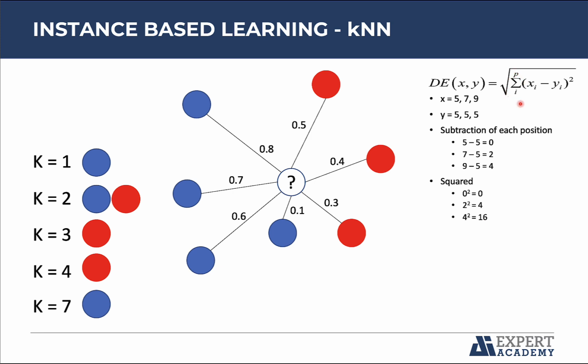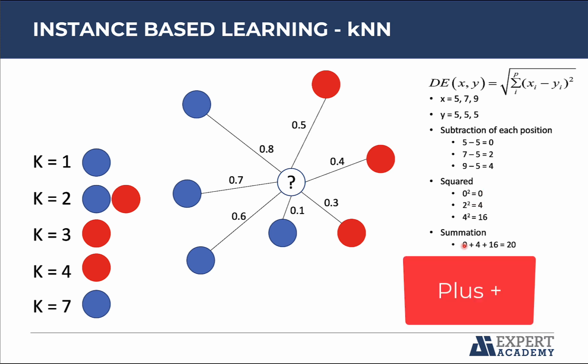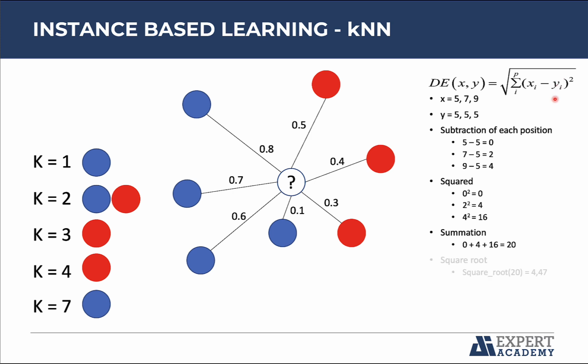We can see in the equation this symbol here, where I am pointing the mouse, which is the summation symbol. We need to add the values 0, 4, and 16. The result is 20. The last part, we need to calculate the square root of the result.